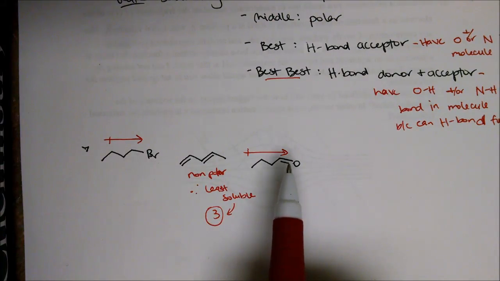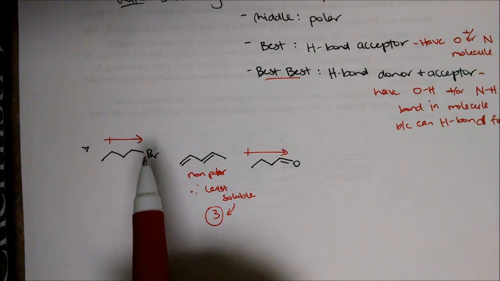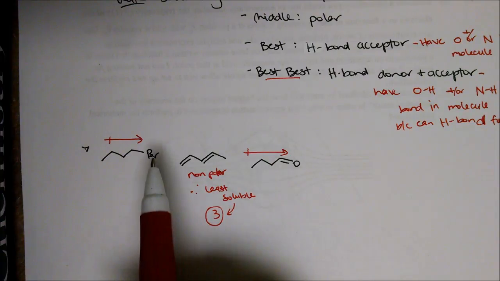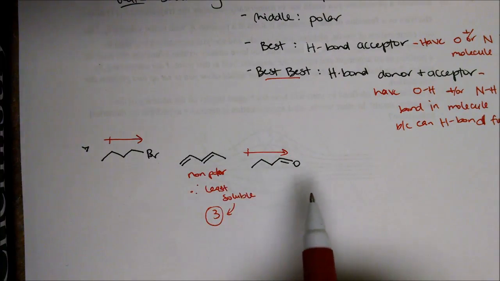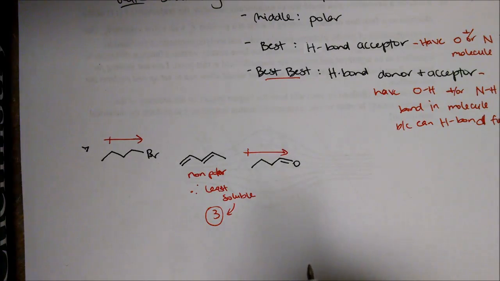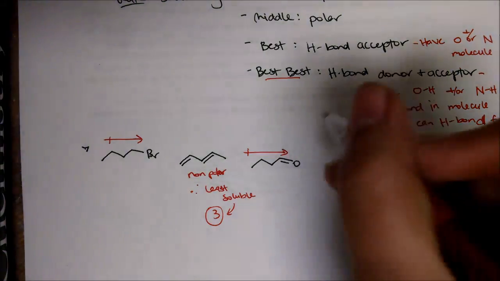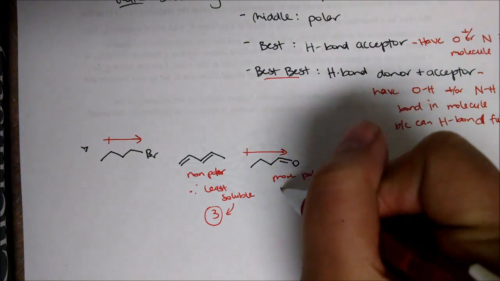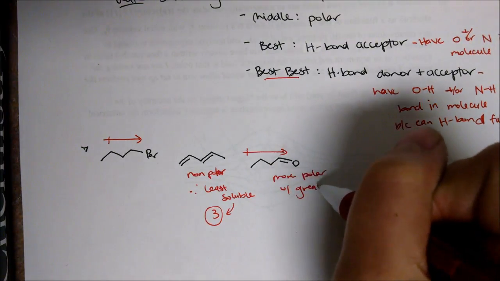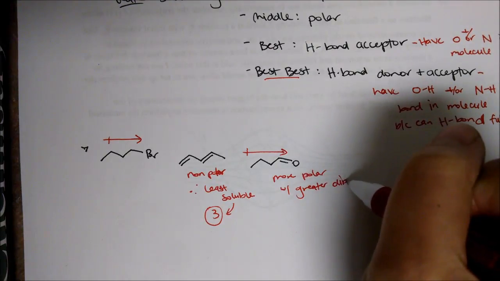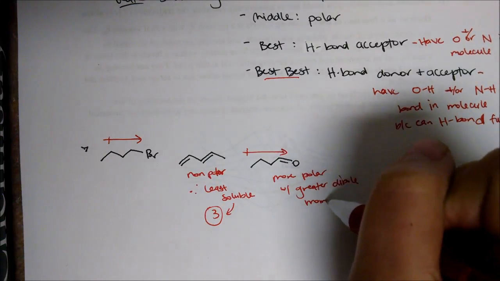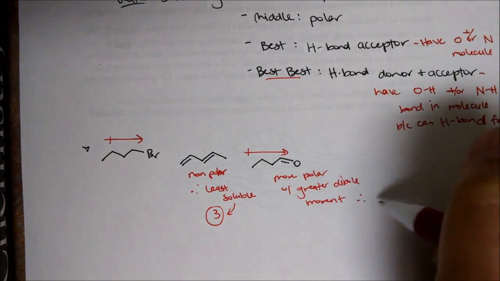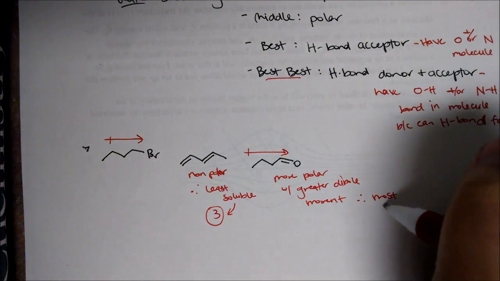The double bonds had greater dipoles than the single bonds. And triple bonds had even greater dipoles, okay? So with more bonds, again, we have the greater dipole moment, so we are more polar, with greater dipole moment. Therefore, most soluble.